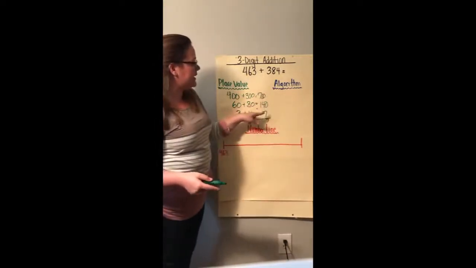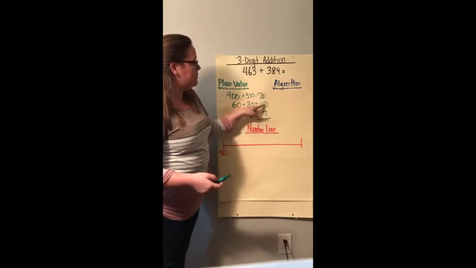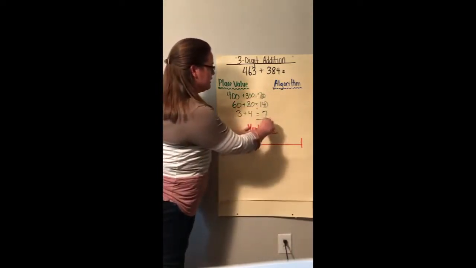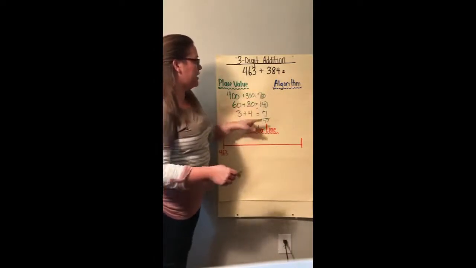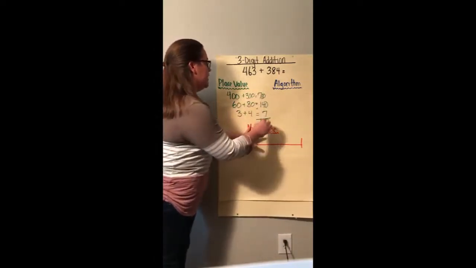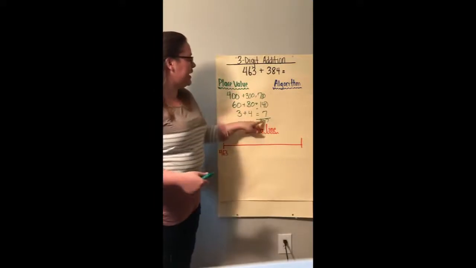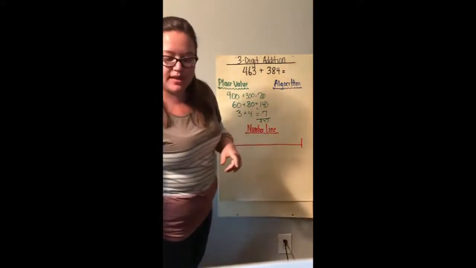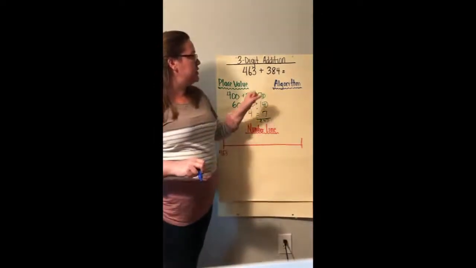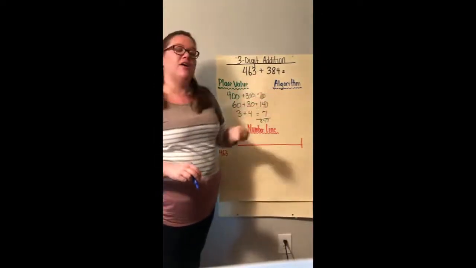In my tens spot, I have 0 and a 4. So that's 4. And in my hundreds spot, I have 7 and 1, and that makes 8. So to solve by place value, I got 847.